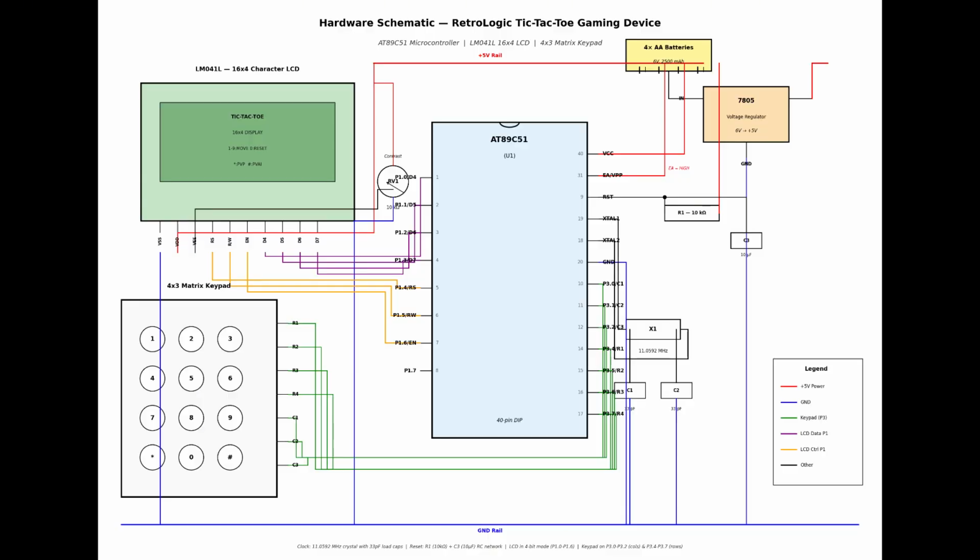Our first task was to select the input and output units. For the input, we evaluated four options: a 4 by 3 matrix keypad, individual push buttons, capacitive touch keys, and a joystick. We selected the 4 by 3 matrix keypad.